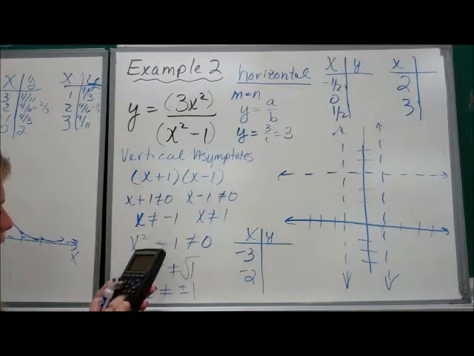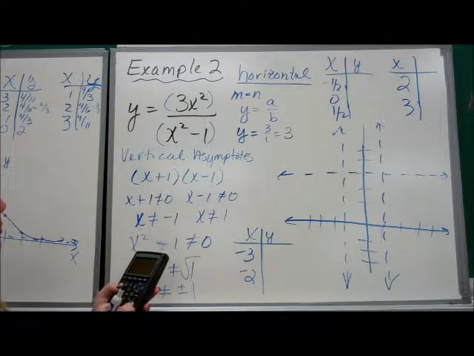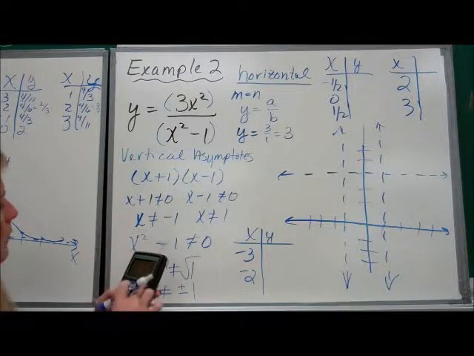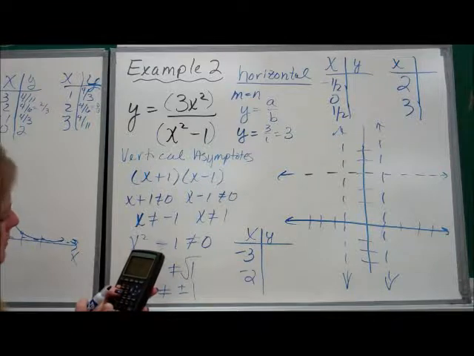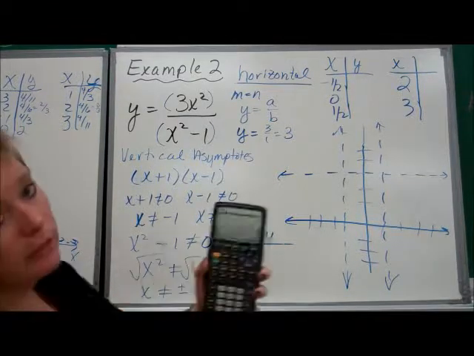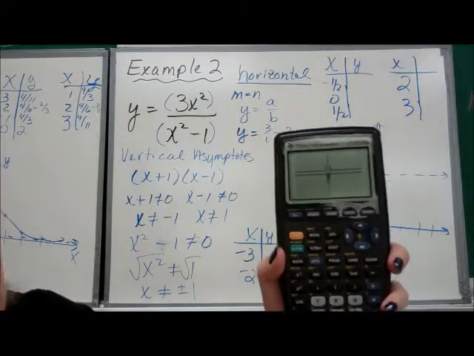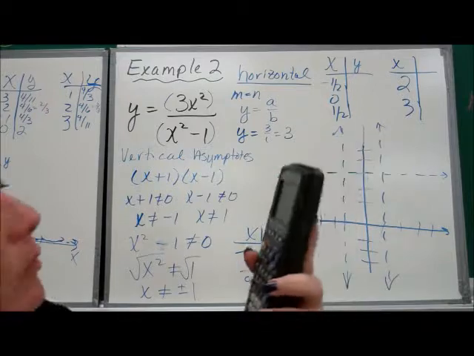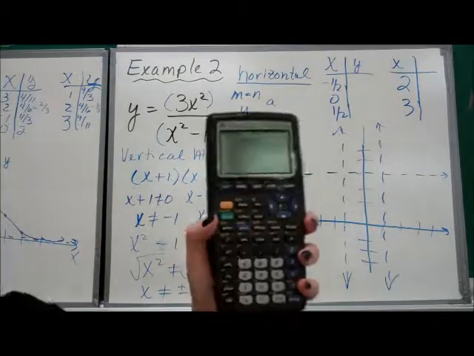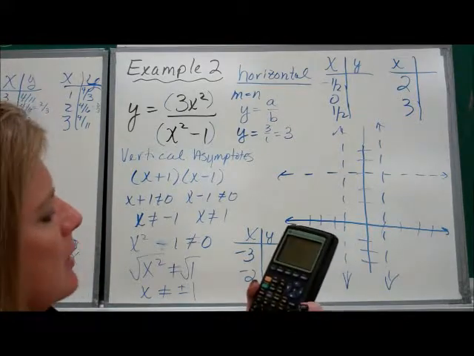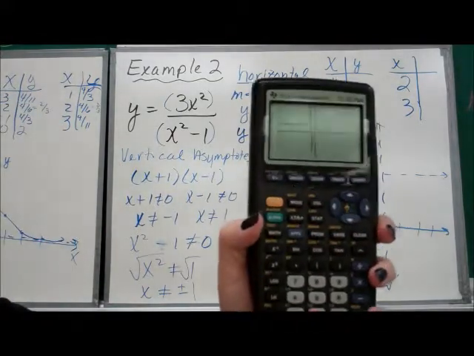So we have 3x squared divided by x squared minus 1. When we graph it, the graph looks kind of crazy. This is on the TI-83. I think my window is set kind of different, so if I hit zoom standard, it might look a little nicer.